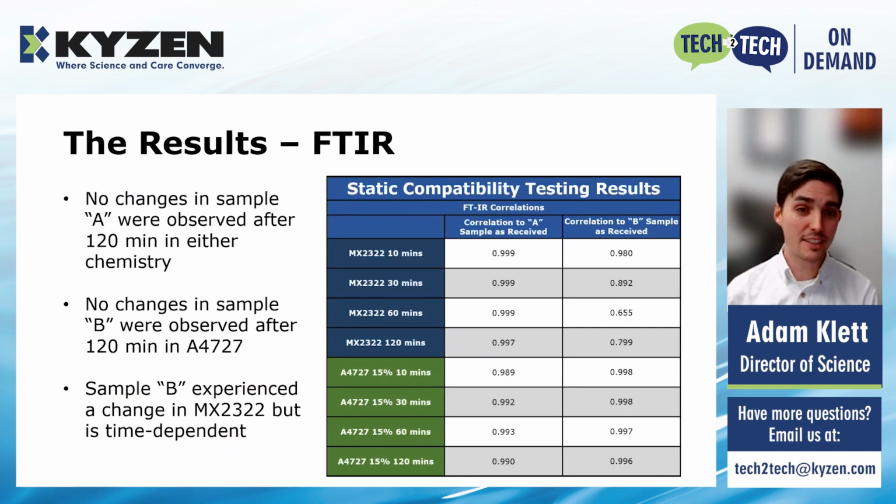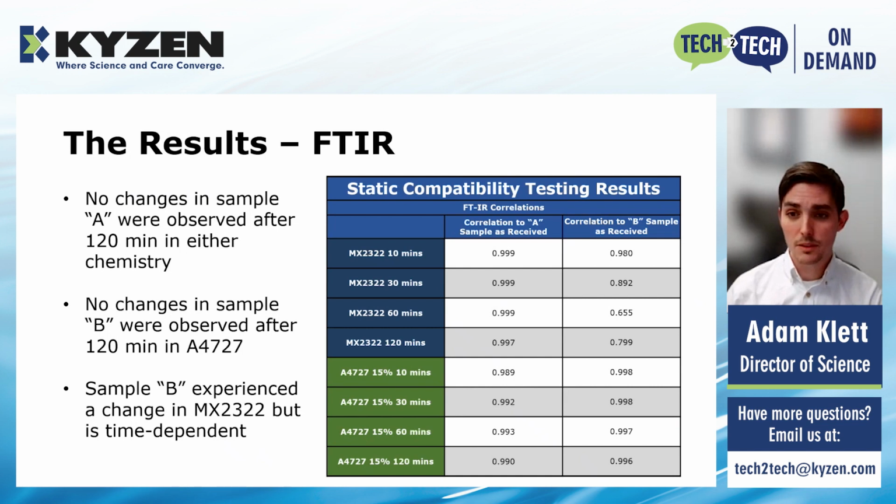So if we move on to the FTIR data, again, the table on the bottom right shows what we're going to call the correlation between the received sample and the tested sample. Each of the rows represents a different sample, either tested in the MX2322 at different time periods, or in the A4727 tested at different time periods.